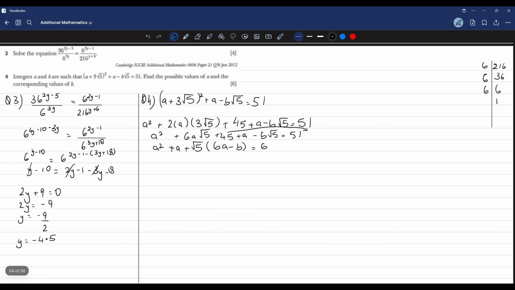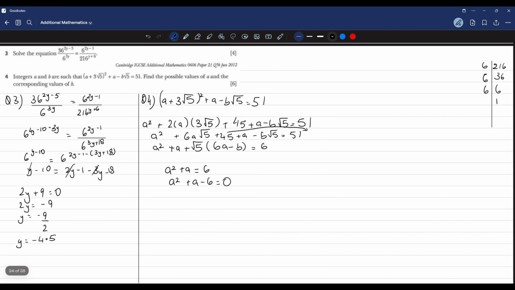So if I were to simplify this, I would say a squared plus a minus 6 equals 0. Sorry, I made one step early. A squared plus a should be equal to 6, and then a squared plus a minus 6 would be equal to 0. And then by solving this quadratic equation, I could find my values.